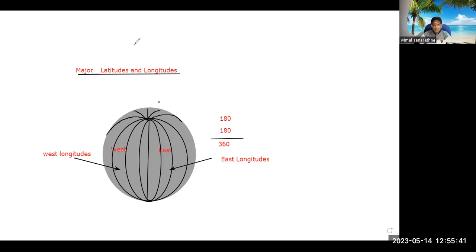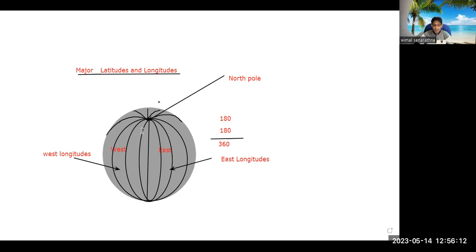Now you must remember, this is the North Pole, and the middle longitude is the Greenwich Prime Meridian.